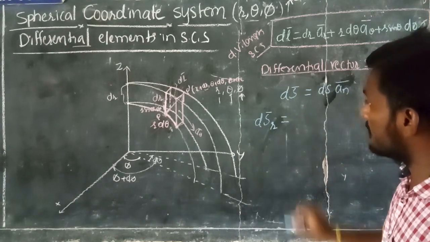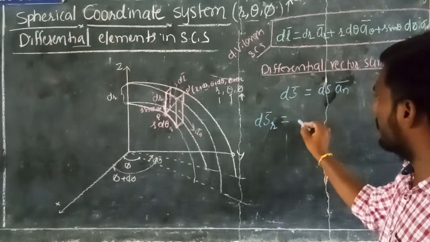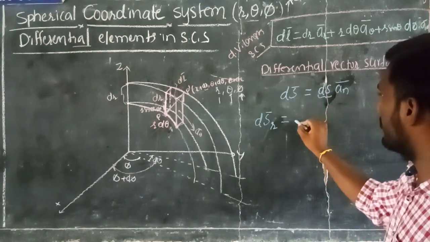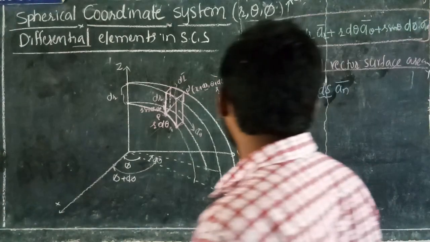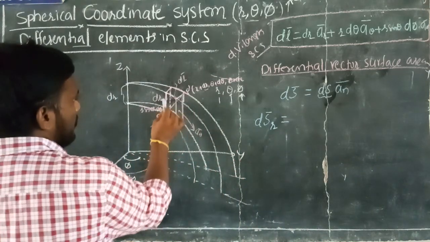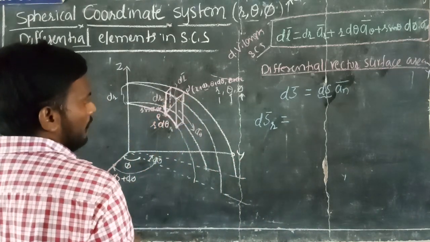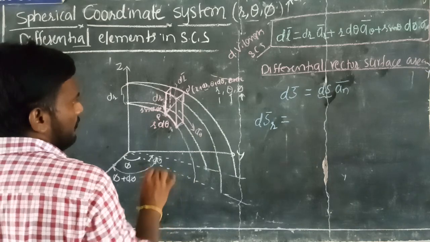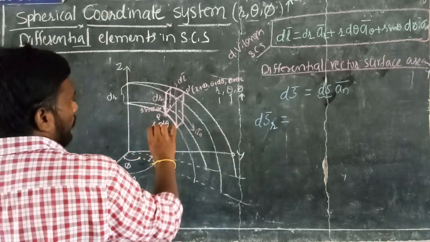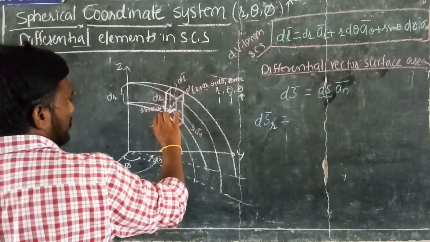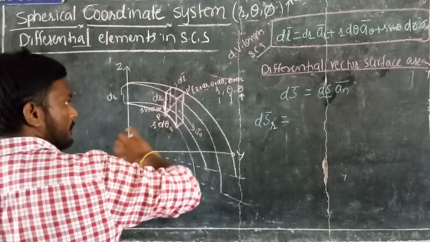ds_r bar is equal to, okay, ds means surface area, the surface area which is perpendicular to the sphere surface. So what is the surface area which is perpendicular to the sphere surface?